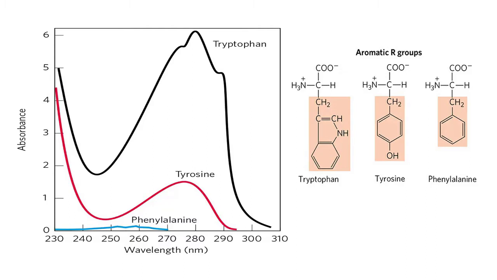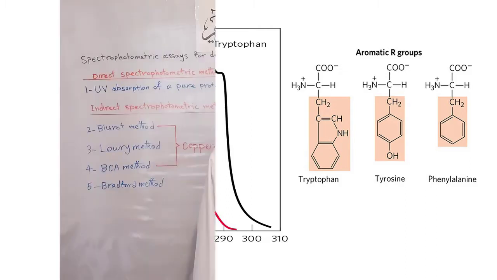The measured absorbance of tryptophan is more than 4 times that of tyrosine and more than 20 times that of phenylalanine at 280 nanometer. Note that the maximum light absorption for both tryptophan and tyrosine occurs near 280 nanometer. Ultraviolet light absorption by phenylalanine generally contributes little to the spectroscopic properties of proteins.